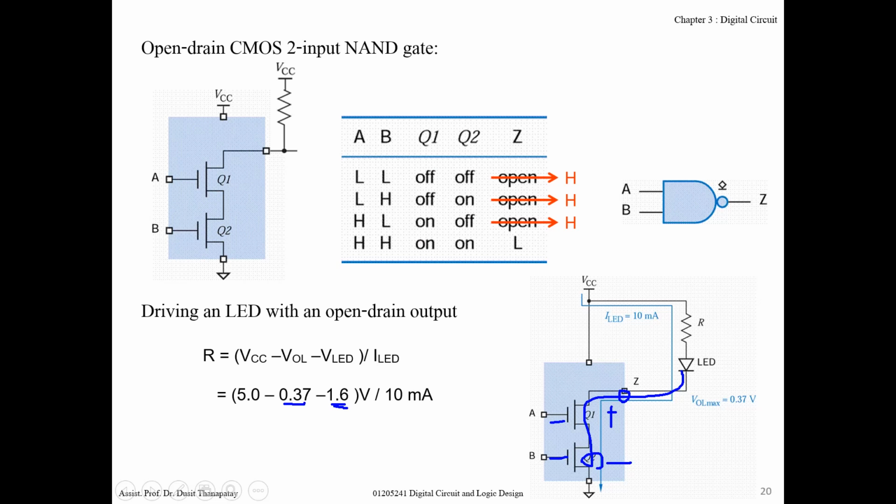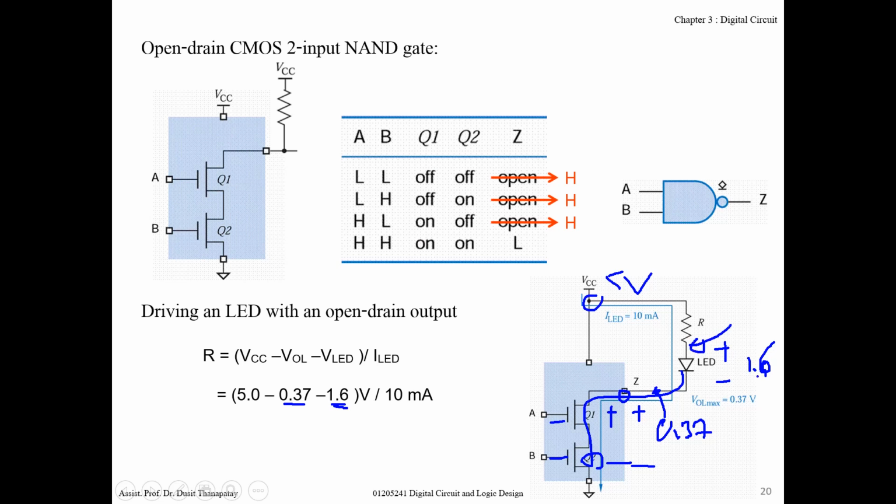0.37 volt, and because the supply is 5 volts, from this point to this point is 0.37 volt. The voltage across the LED is 1.6 volt. That means the potential at this point is what?